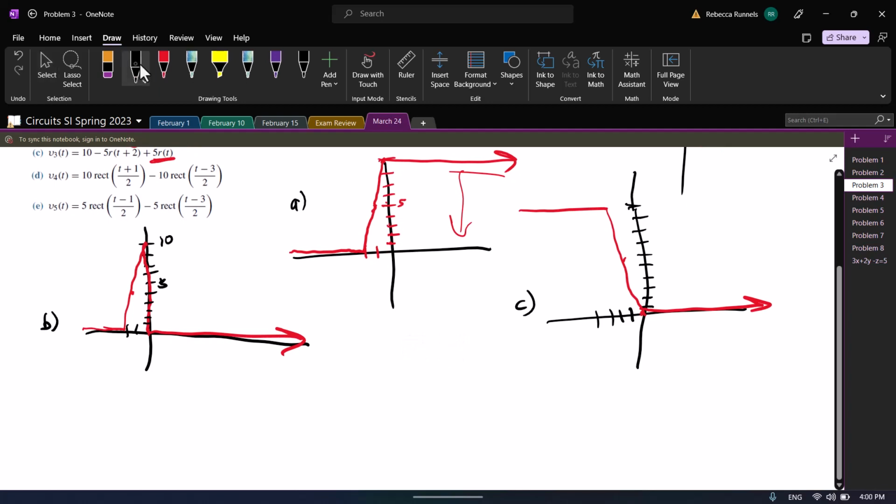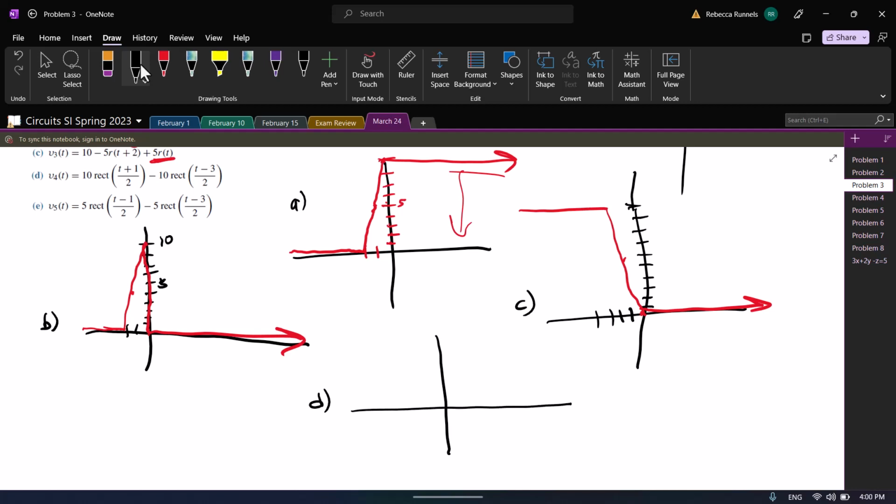Okay, now we have the rectangle function, and I'll be honest, the only time I ever see this rectangle function is in this class. Usually you define it with other unit steps or something like that. So the way the rectangle function works is this number added to the t tells you where your rectangle is going to be, except it's the opposite, just like when we've been translating.